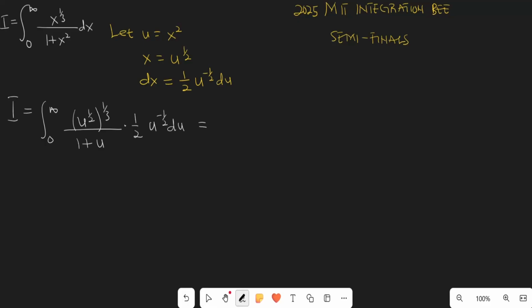Now 1/2 is a constant, that one goes in front. The integral from 0 to infinity of u raised to the power 1/6 divided by 1 plus u times u raised to the power negative 1/2 du.